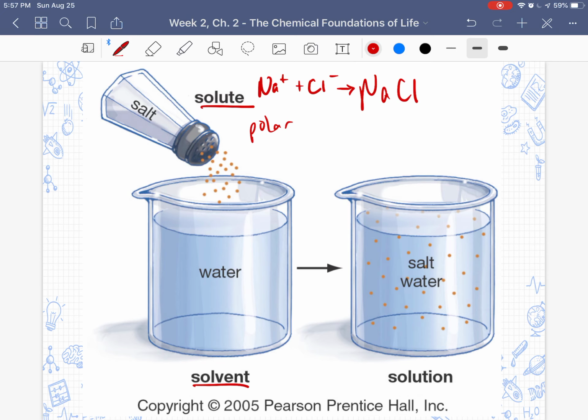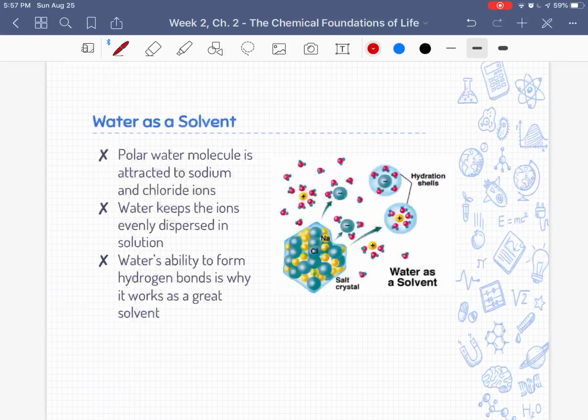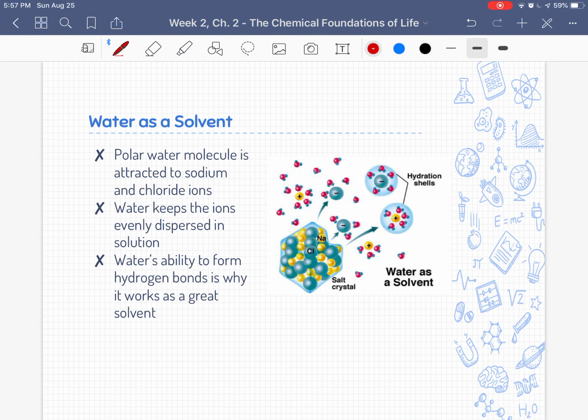So like dissolves like. We have positives and negatives that can be dissolved by positives and negatives. So when we dissolve salt in water, we are literally breaking it into sodium and chloride ions. The polar water molecule is attracted to the sodium ions and the chloride ions.